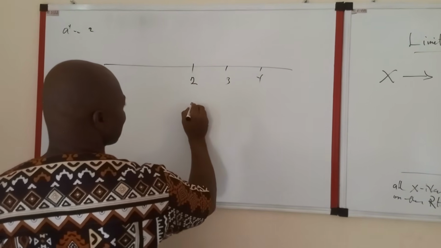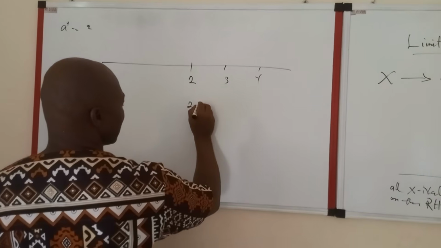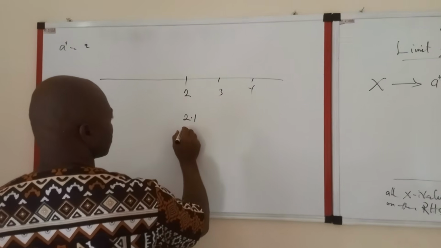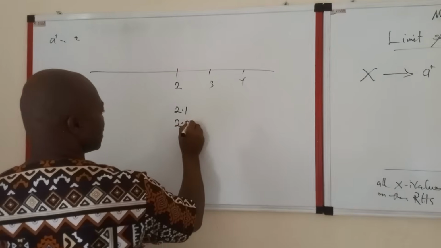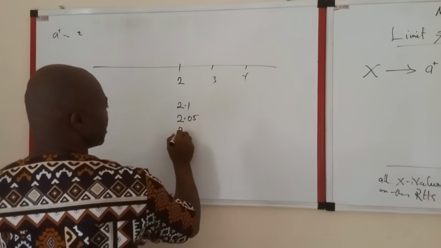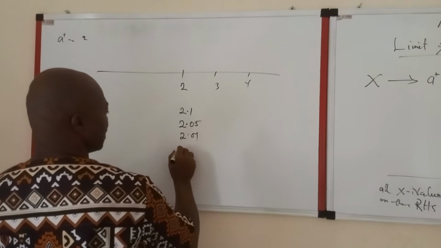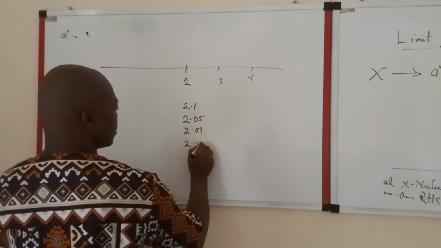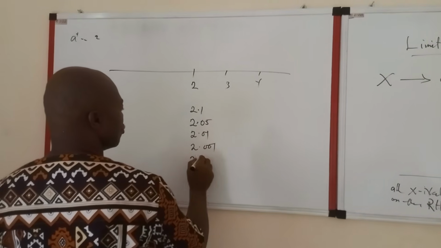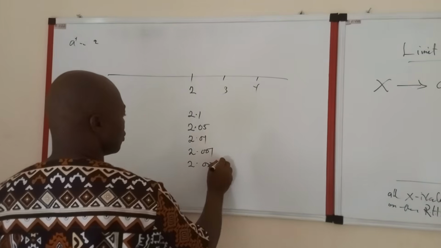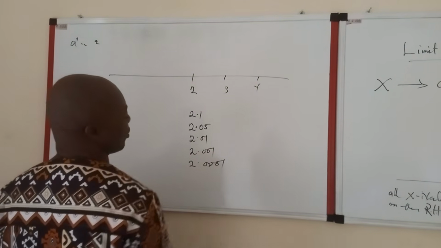So we are talking about maybe 2.1. Somebody can say 2.05. Somebody can say 2.01, 2.001, 2.0001, and so on.